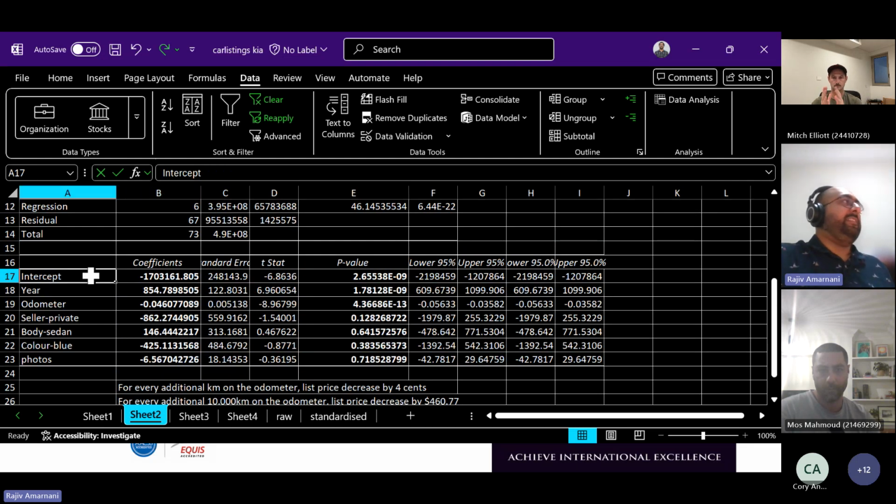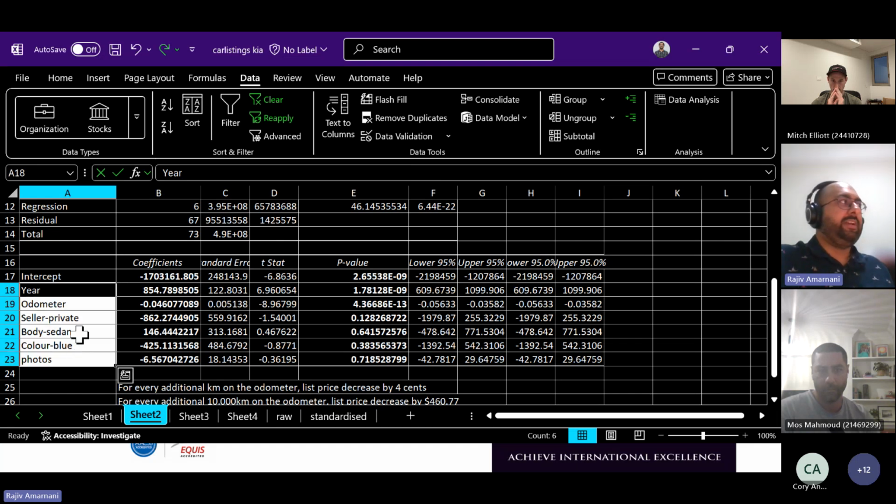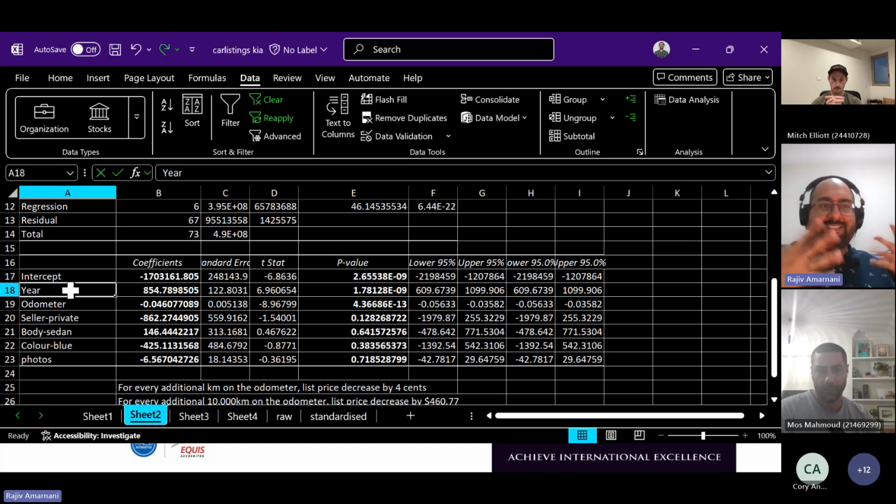Suffice to say, this intercept is tough to interpret because it is the list price when all the variables are zero, and in this case, that is a year zero. So like literally year zero, 0 AD, which doesn't make sense, and leaves us with an intercept we can't use.